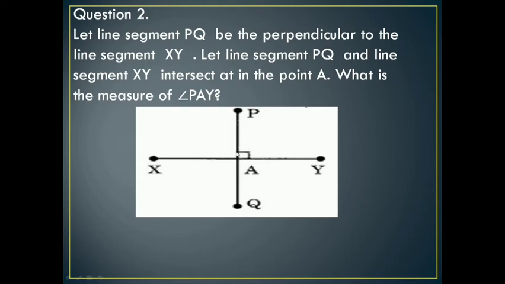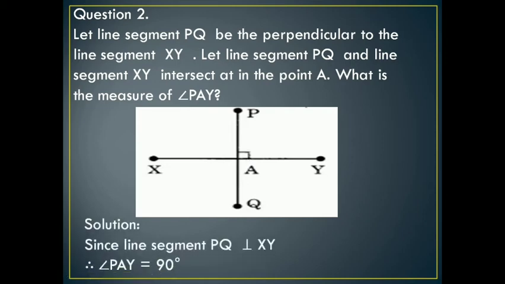So dear student, when you draw this square type sign, it means it is a right angle, so its measurement is 90 degrees. So we will write here, since the line segment PQ is perpendicular to XY, angle PAY is 90 degrees. Every time lines are perpendicular to each other, they always make a 90 degree angle, that is a right angle.